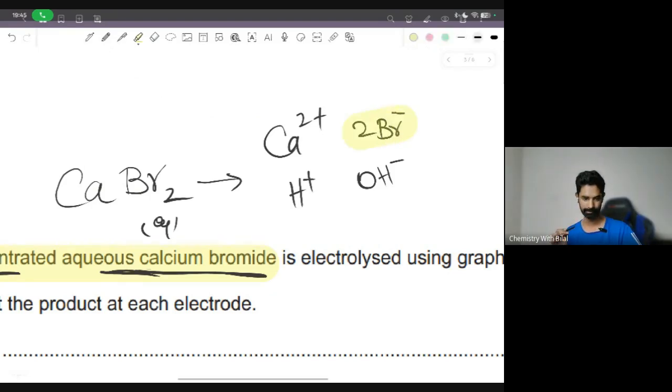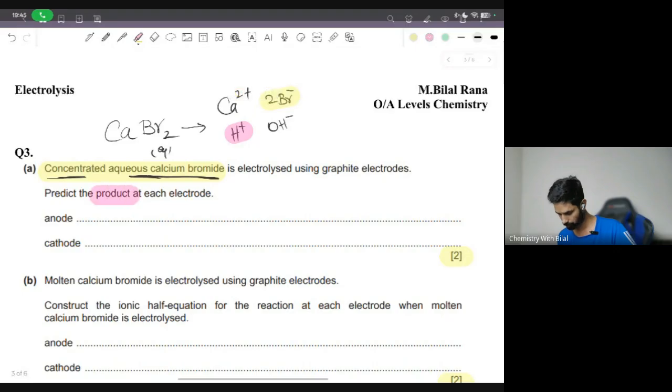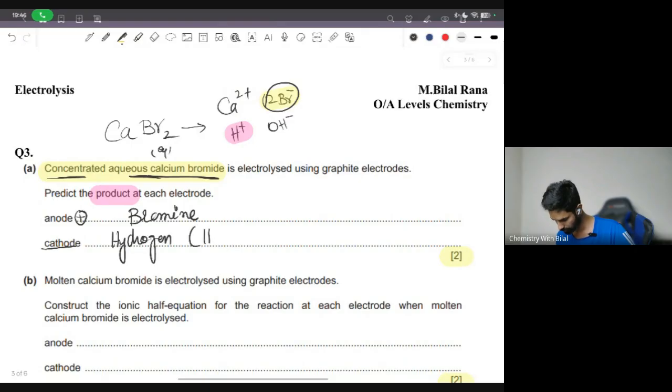The halide ion. अगर डाइल्यूट होता तो वह रेस जीत जाता। यहां से तो रेस हमेशा इसी ने जीतनी है एक्सेप्ट के कॉपर हो, कॉपर तो नहीं है ना। तो प्रेडिक्ट उसने सिर्फ प्रोडक्ट पूछा है। तो एनोड इज पॉजिटिव, एनोड अट्रैक्ट द नेगेटिव आयन, तो ब्रोमाइड जाएगा, will make bromine, and कैथोड पे हाइड्रोजन बनेगी, right? Hydrogen is H2 and bromine is Br2. Does it make sense, everyone?